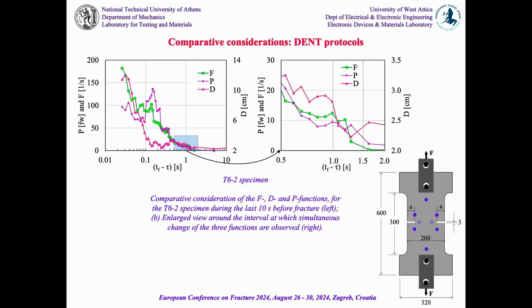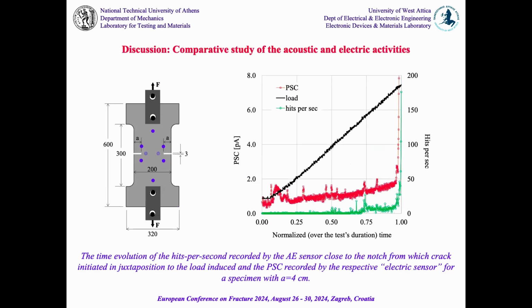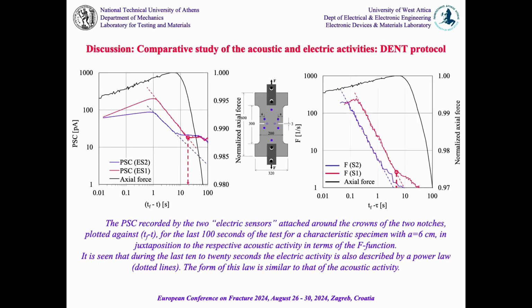Now, skip these details, and let us compare the results of the acoustic data concerning the inter-event distances with the results obtained from the next technique, the technique of electric current. We have plotted here the electric current for the first notch and the second.